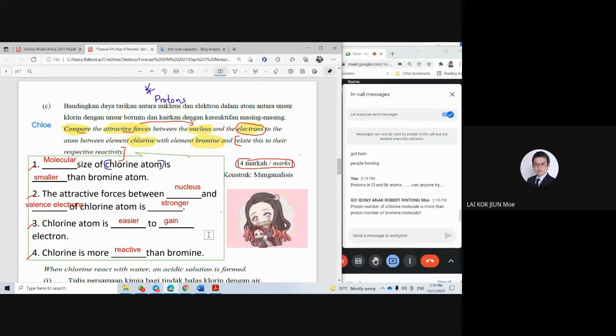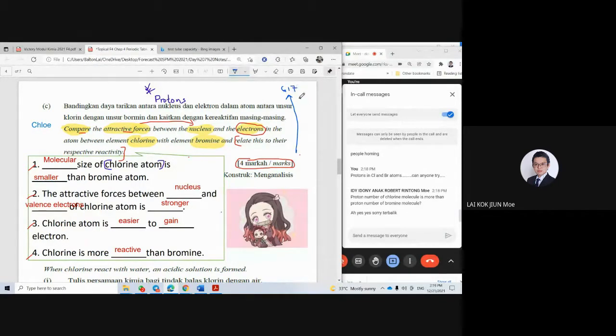You go back and check the periodic table. Fluorine is at the top, right? This is the periodic table, group 17, right? Fluorine, so chlorine here, bromine lower, right? Bromine has more electrons, more protons. So you have to mention a bit.